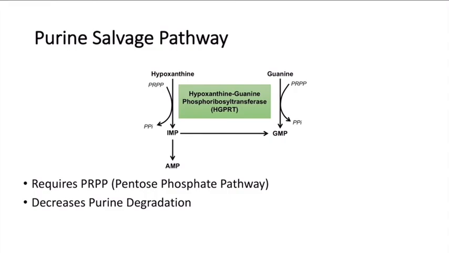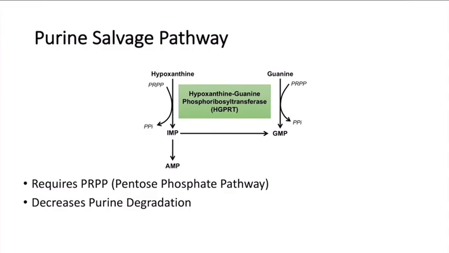Because you are salvaging hypoxanthine and guanine, they're not being metabolized. They're not going to have to be degraded into some of the toxic products, such as ammonia or ammonium, and the other toxic product, uric acid, which I showed you in the previous slide.